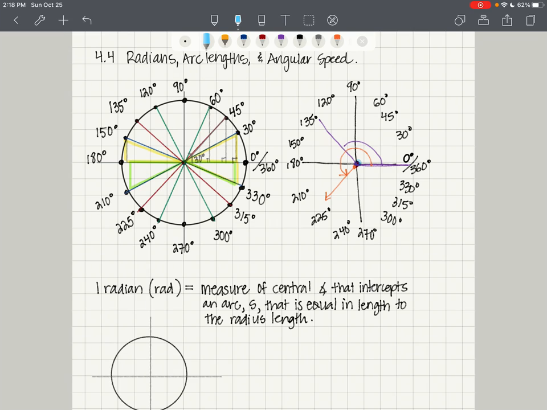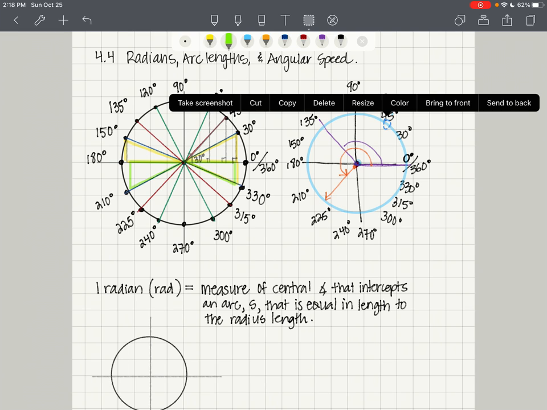Here's our radius. I'm going to make a circle out of this. Let's get a good circle. Now let me make that circle have a center. There. That looks good.